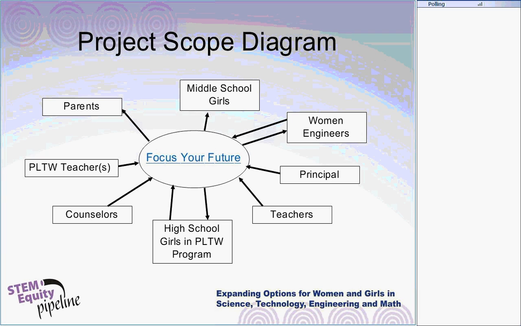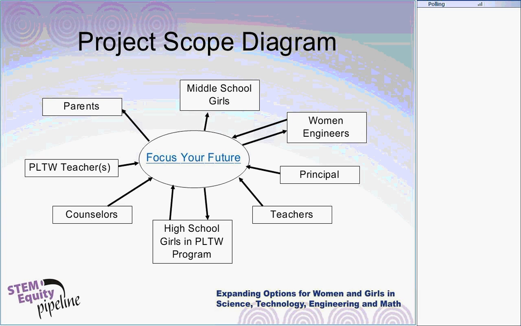Now, you may find that some of these people might serve in more of an advisory capacity, or they may actually participate in the event itself. But what's really important is that as you're planning, you want to be sure that all of these people are involved in the planning process in order to keep the stakeholders all engaged.